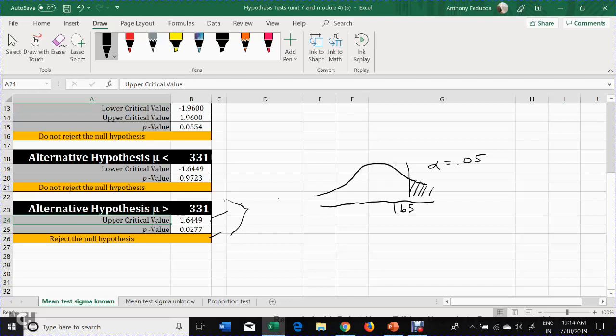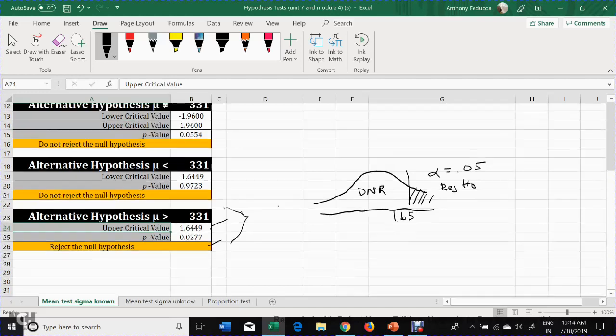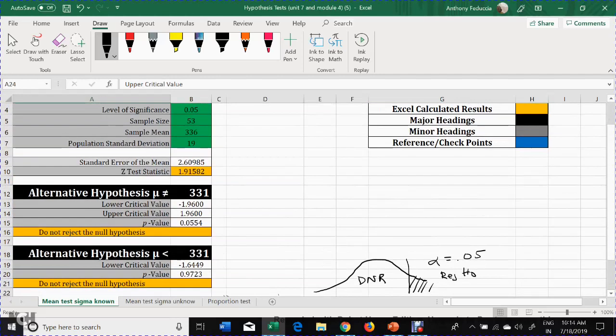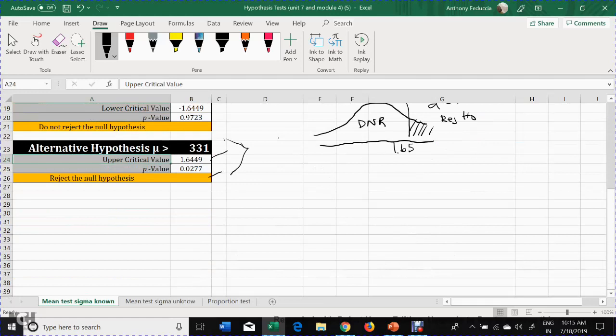And that is critical because it divides the do not reject region from the reject H sub 0 region. So we look at our test that we did with the 53 samples, and you see our Z value there came out to be 1.92, which is in here, clearly in the reject region. That's why they reached a decision, reject the null hypothesis.